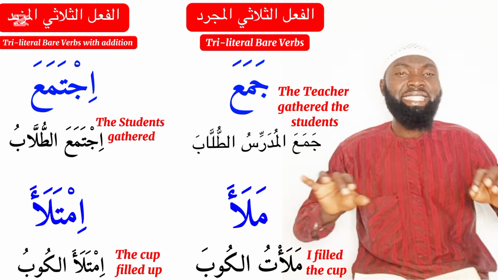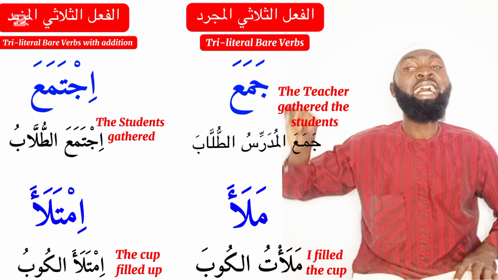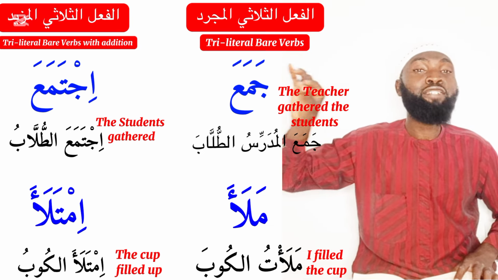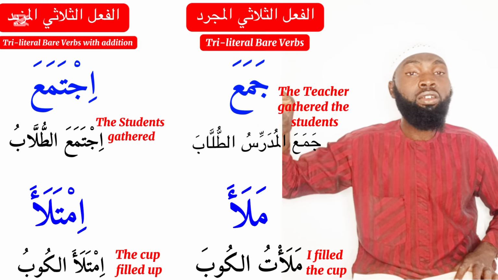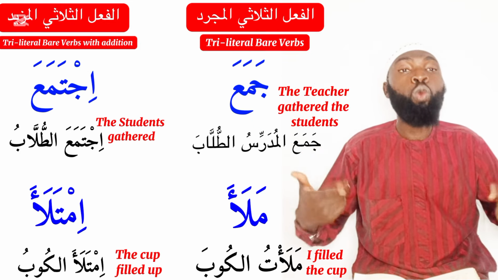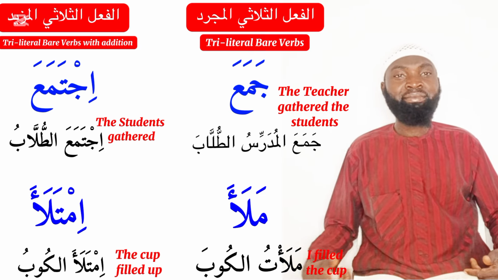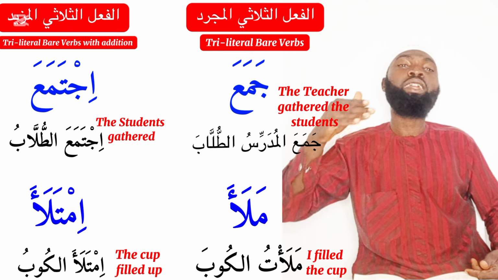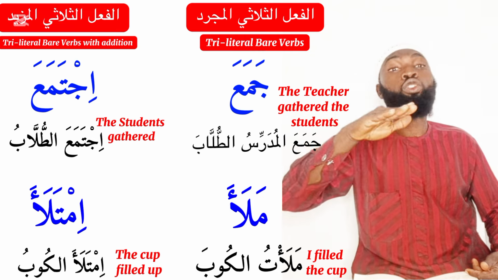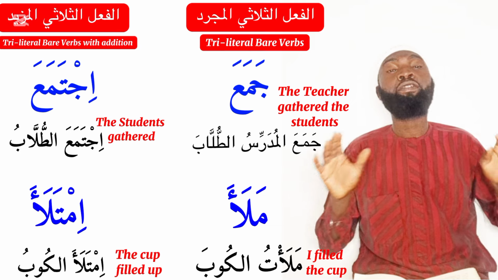So one of the meanings of the words coming under this pattern of ifta'ala, like ijtama'a, iftaraqa, ihtaraqa, and the rest of them, is that they mean al-mutawa'a, which means obedience. Because when I said mala'tul kuba, I fill the cup, here I am the performer of the action.